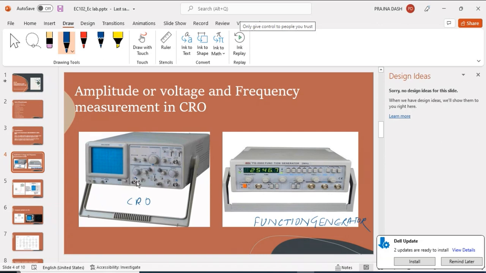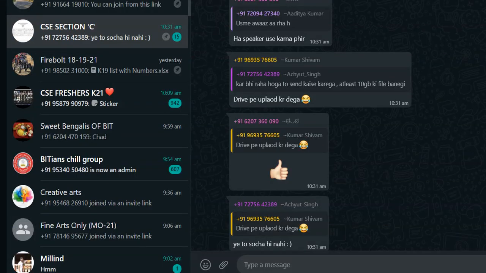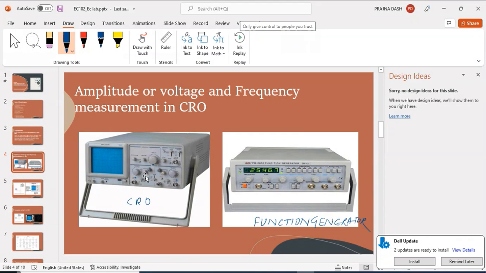Here one knob is there for changing the voltage, and one knob for the time period. The time period knob is common to both channels, while there are two voltage knobs, one for channel 1 and another for channel 2. So there are various options.